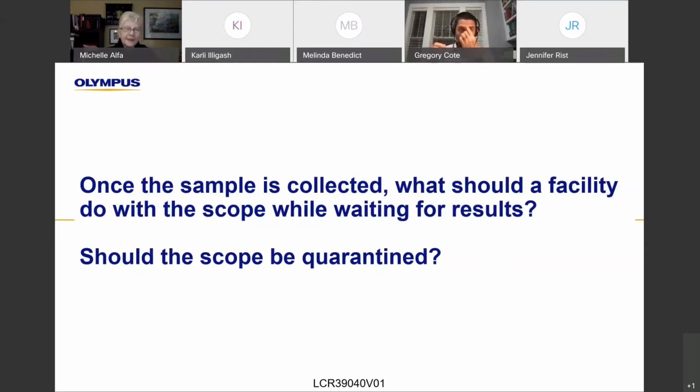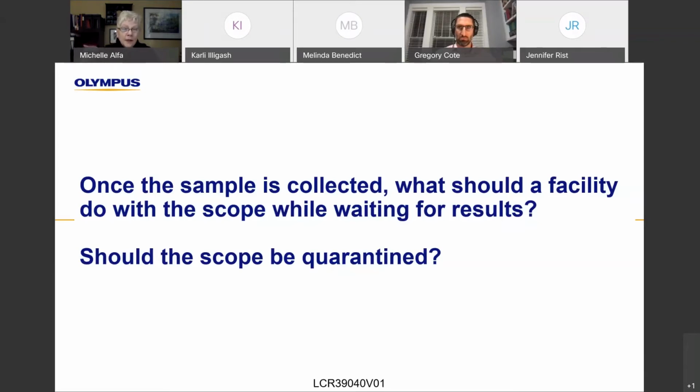I think that the sad thing about the reality of medicine is whenever you get more scopes in inventory, there's a tendency to want to schedule more of the procedures, and you still have the same dilemma that if you quarantine the scope, it still impacts the number of patients that can be seen, and that's true.